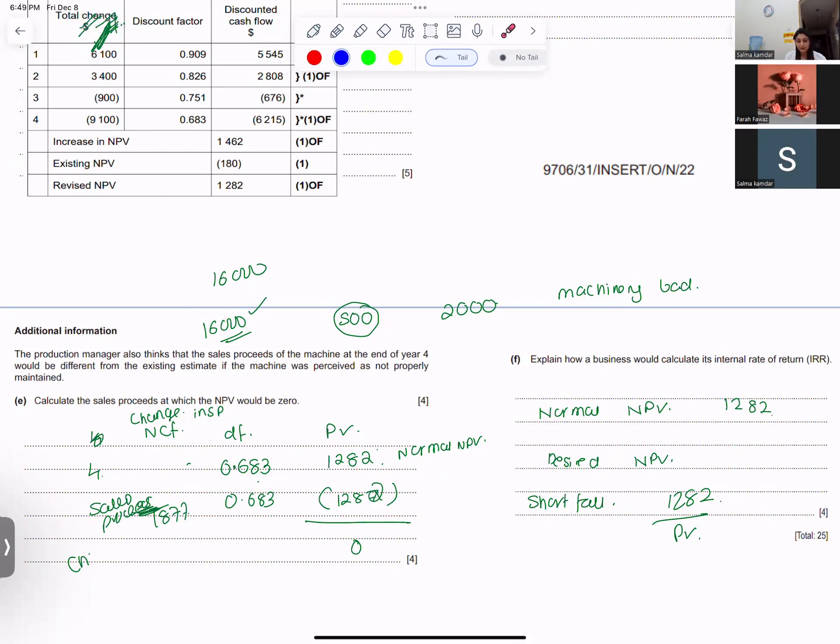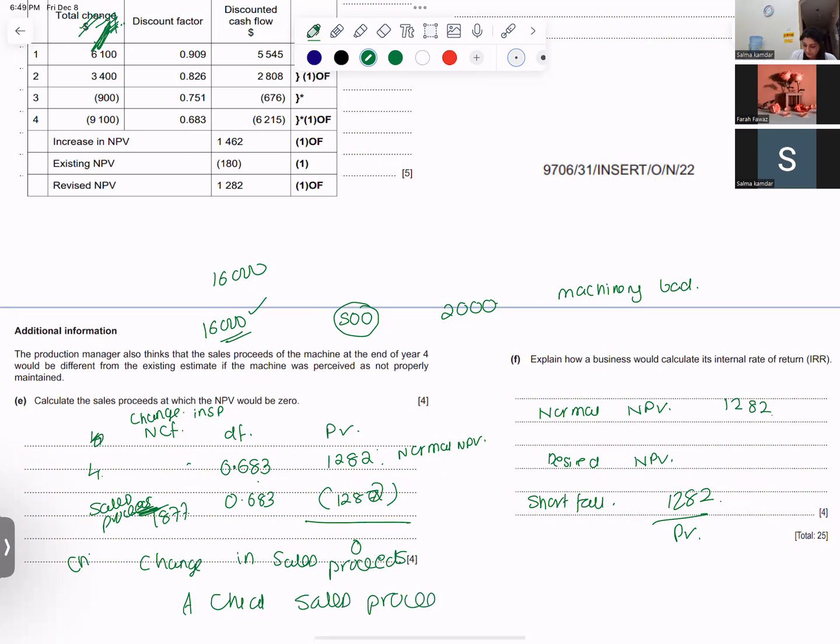So 1282 divided by 0.683 will give you your change in sales proceeds. Your actual sales proceeds is how much? 16,000 that you had estimated.